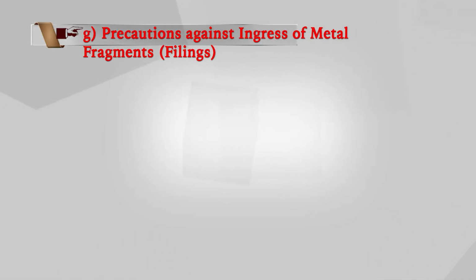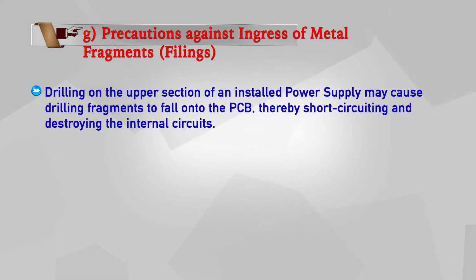Now we are going to discuss precautions against ingress of metal fragments. Drilling of the upper section of an installed power supply may cause drilling fragments to fall onto the PCB, thereby short circuiting and destroying the internal circuit.